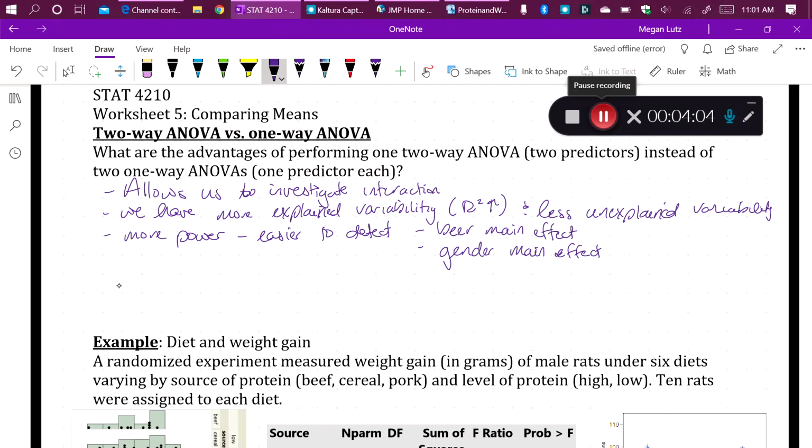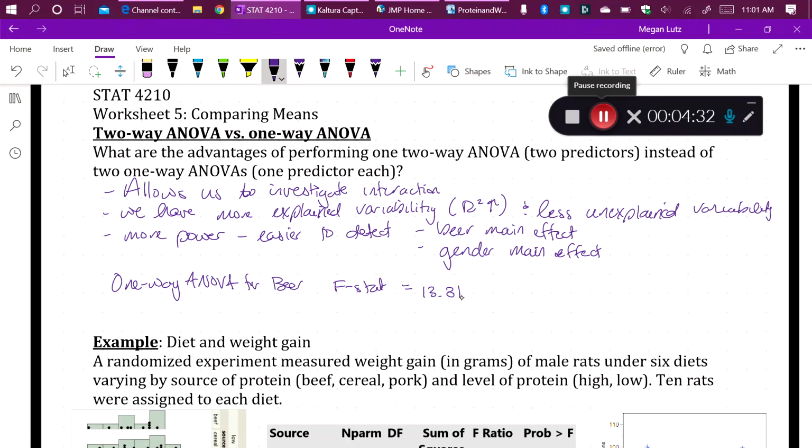So for example, let's review. When we did the one-way analysis for beer, our F statistic was 13.31. The mean squared between, the explained variability for between, is unchanged.